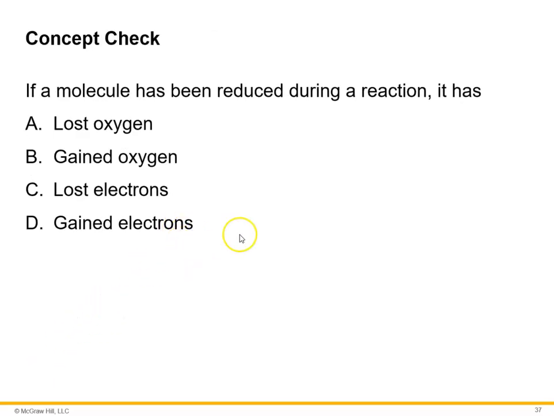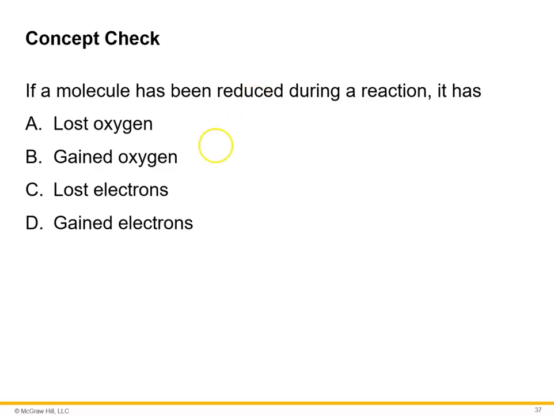Okay, question. If a molecule has been reduced during a reaction, it has... Well, remember, reduced is referring to its charge. So I always think of the example, a molecule with a +1 charge, so an ion with +1. If its charge is reduced to a 0, that means it had to have gained a -1 charge.